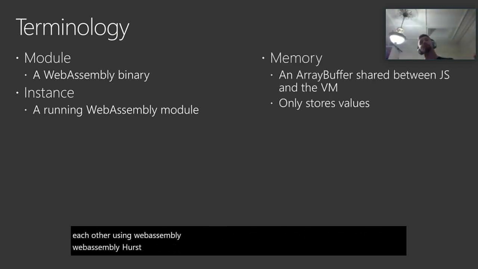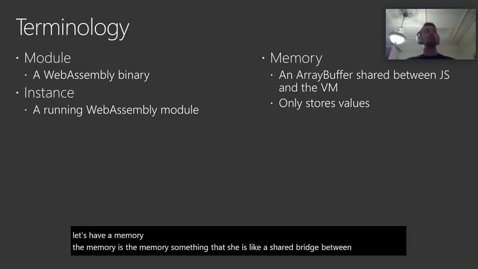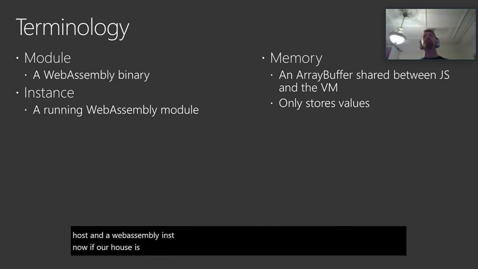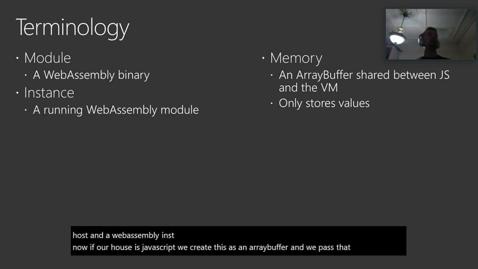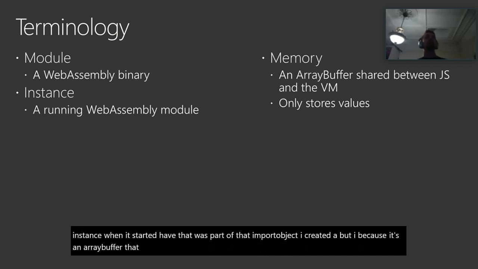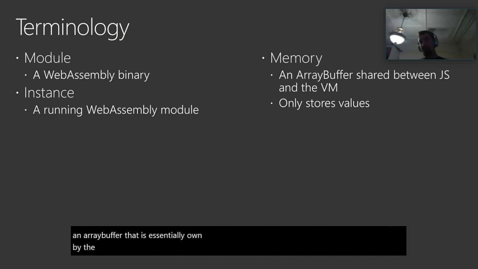Next, we have our memory. The memory is like a shared bridge between our WebAssembly host and our WebAssembly instance. Now, if our host is JavaScript, we create this as an array buffer, and we pass that array buffer into the instance when it started. That was part of that import object that I created. But because it's an array buffer that is essentially owned by the host, by JavaScript in this case, I can pass that into multiple instances.